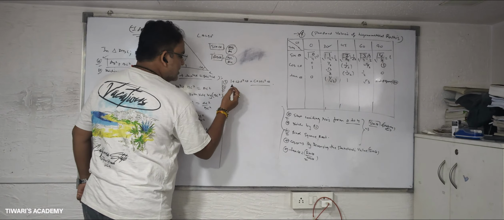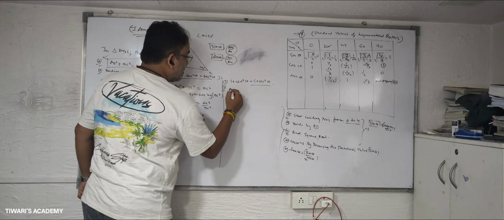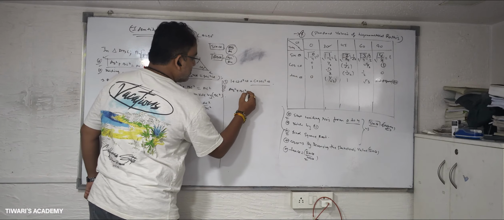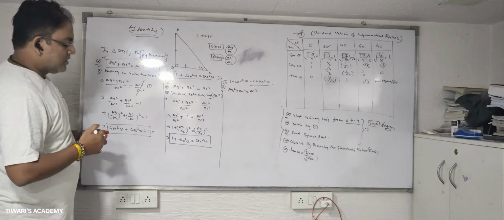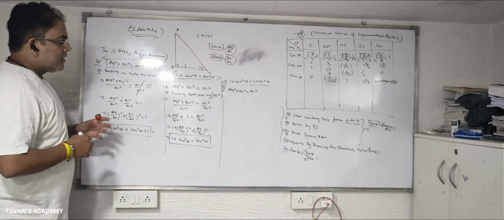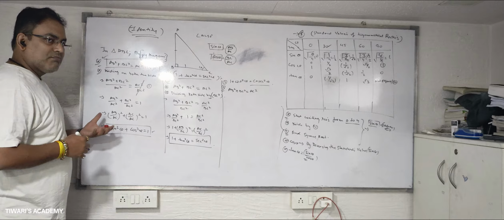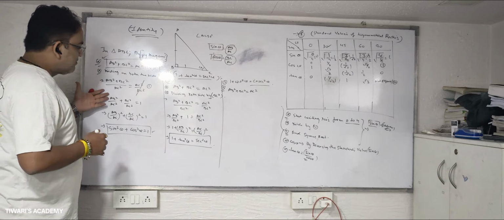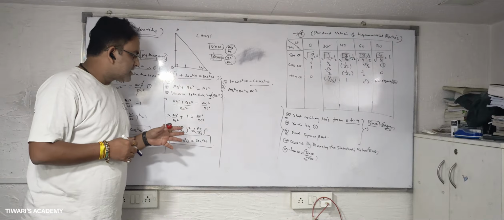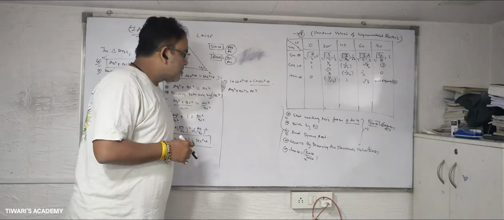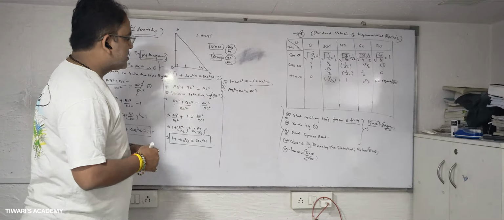So I'll just write down the same stuff. AB square plus BC square is equal to AC square. Now after this, like how we did in the first case, we divided the whole equation by AC square. In the second case I divided the whole equation by BC square. Now in this case I am going to divide the whole equation by AB square.